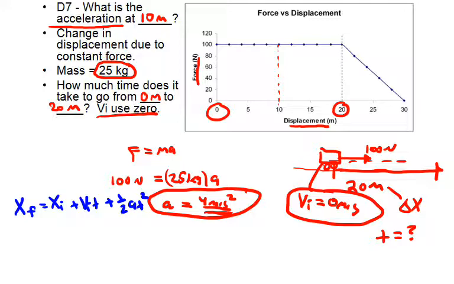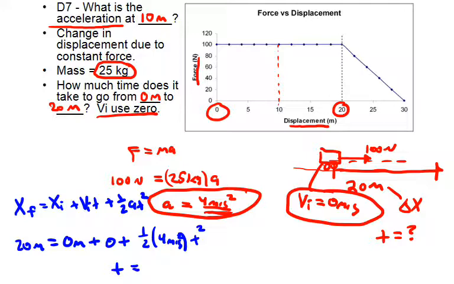The final position would be 20 meters. The initial position would be 0 meters. The initial velocity would be 0 meters per second, so 0 times 0, and then plus 1/2 times 4 meters per second squared times time squared, and we're going to solve for time.